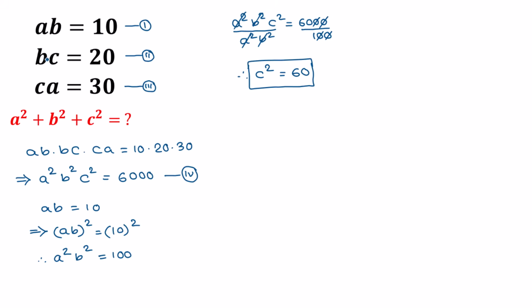Similarly, from equation 2, we have BC is equal to 20, and taking a square to both sides, we will get left side as B square C square is equal to 20 square, this will be 400.